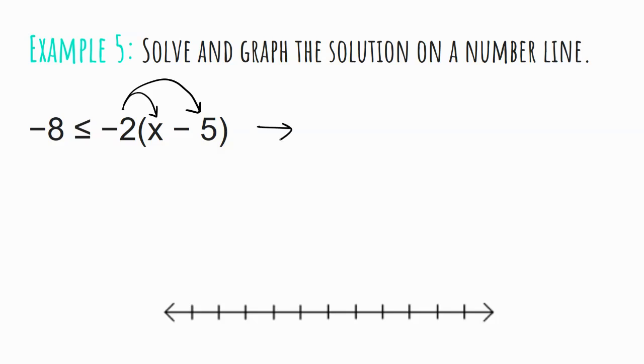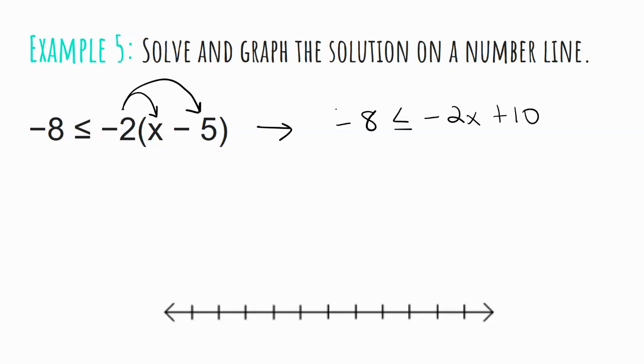And when we do that, we're going to end up with -8 is less than or equal to, I'm going to do -2 times x, which is -2x, and then -2 times -5, which is 10.